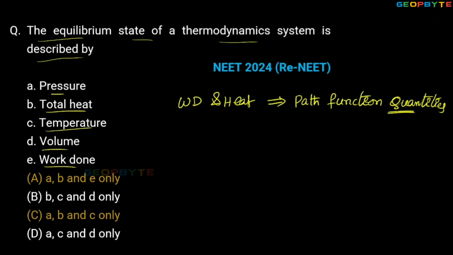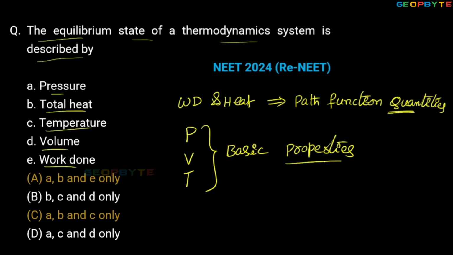Whereas pressure, volume, and temperature, these three are the basic properties. Basic properties means these properties can be directly measured by measuring instruments. That's why pressure, volume, temperature can be called either basic properties or primary properties. These primary properties are sufficient for deciding the equilibrium state of a thermodynamic system.